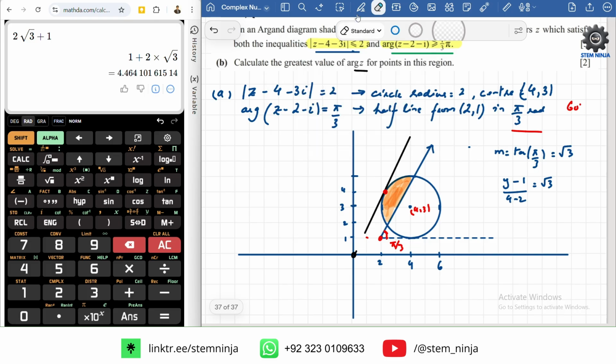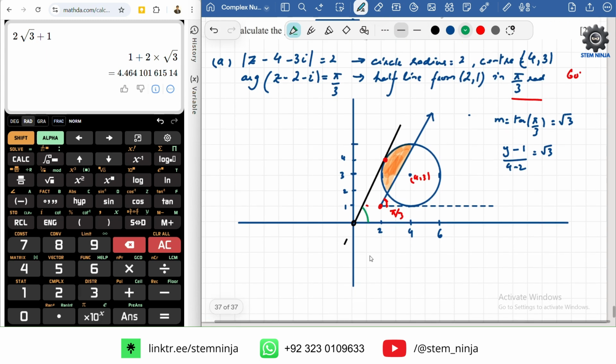Right, okay, we can redraw this line. Never mind. Okay, so this is your line. Now we need this angle. So what do we need about this?